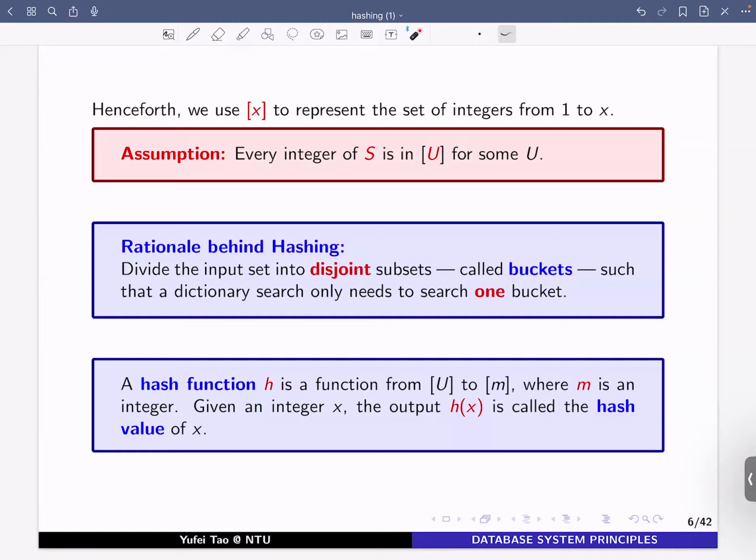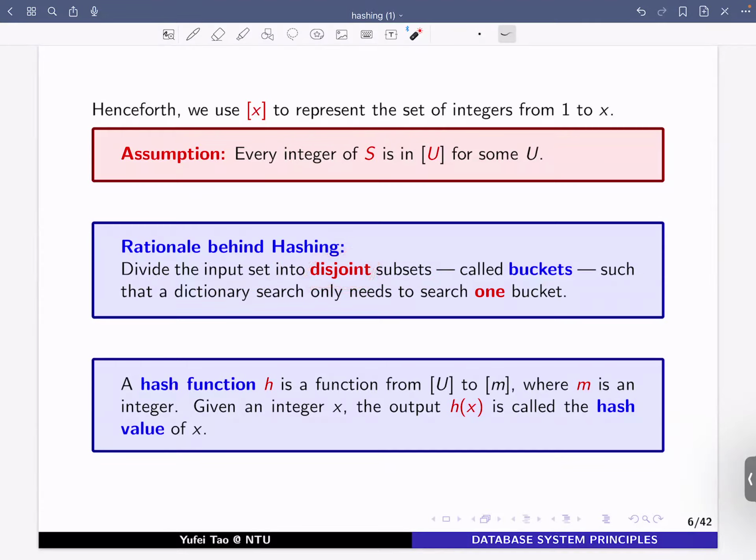Imagine the following strategy. Suppose somehow I divide the input set S into a lot of different subsets. Now, pay attention: this is partitioning. This is division. In other words, every element will go into exactly one subset, and these subsets are disjoint.